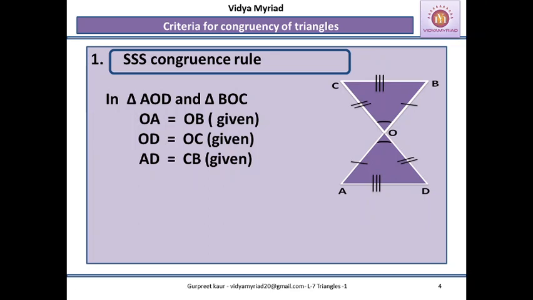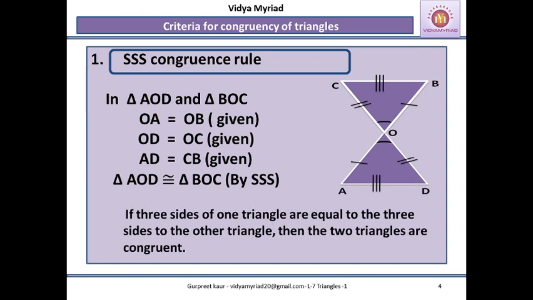So whenever you are going to make two triangles congruent, there should be at least 3 things which should be equal. If this gets equal, we can say that triangle AOD is congruent to triangle BOC. So if 3 sides of one triangle are equal to the 3 sides of the other triangle, then the two triangles are congruent.